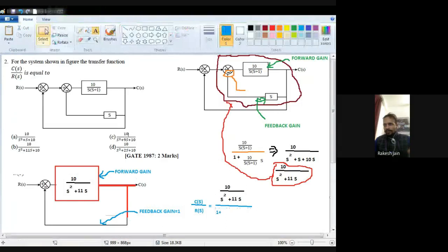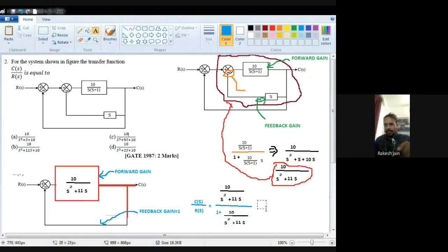So forward into feedback. So forward is this, and what is feedback? Feedback is nothing, it is equal to 1 only. So there will be no meaning to write down the feedback gain because 1 is the quantity. So what will be your final answer?